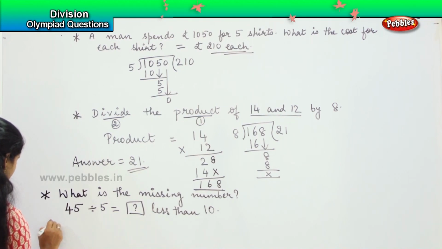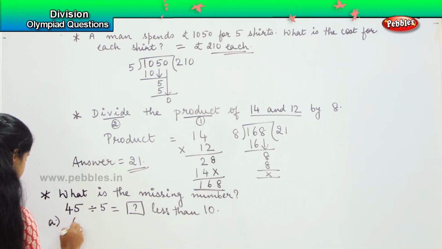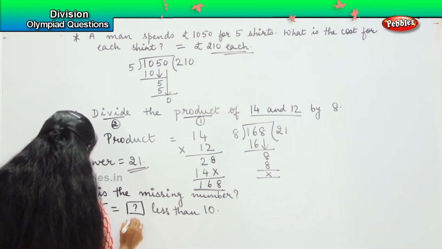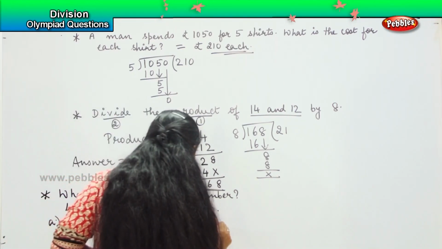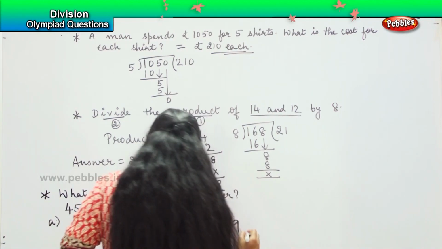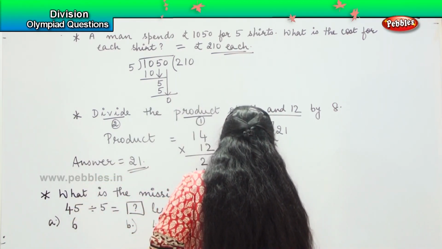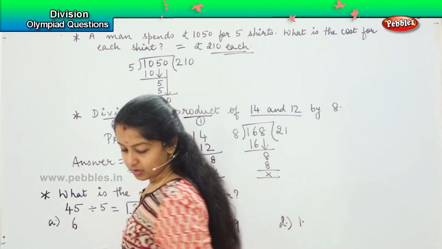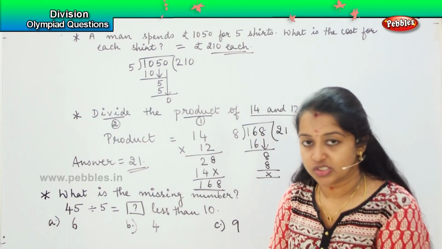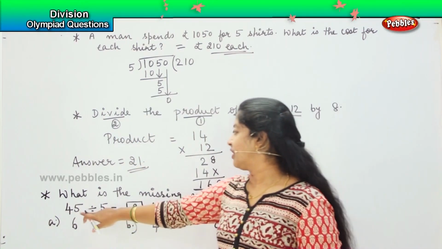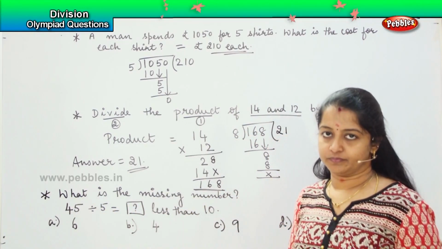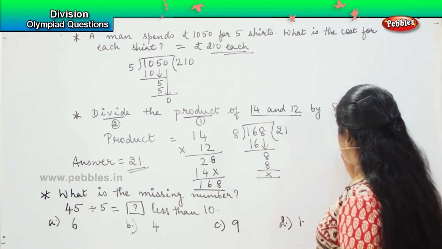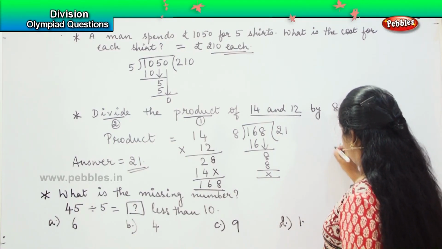My options are A 6, option B is 4, option C is 9, and option D is 1. So try to understand the question, children. They are telling 45 divided by 5 is something which is less than 10.